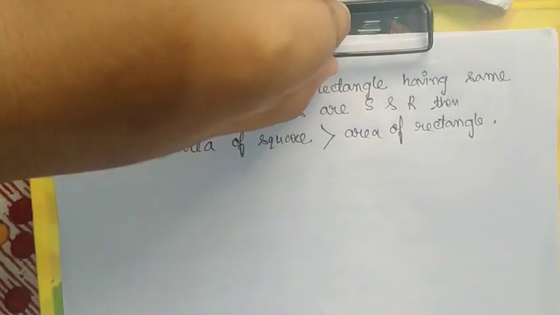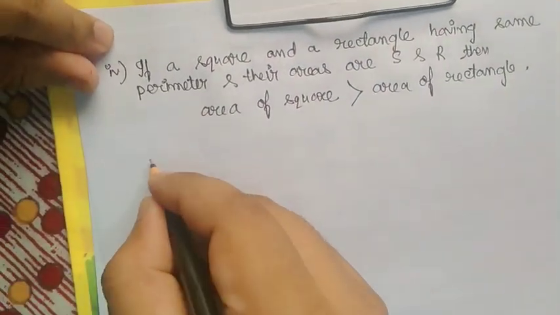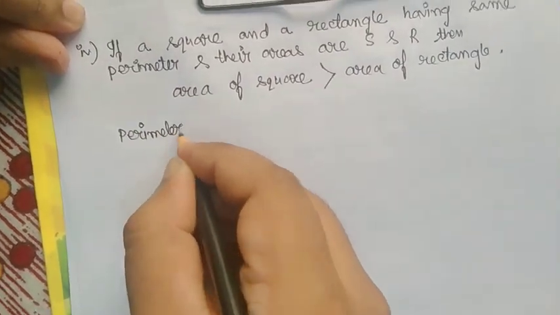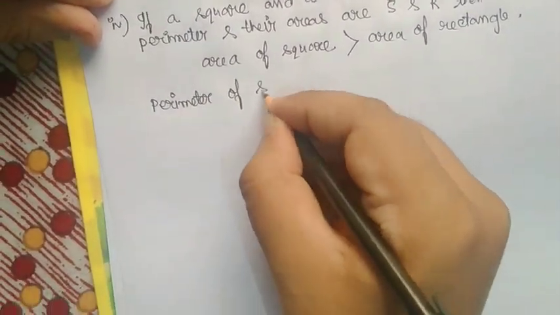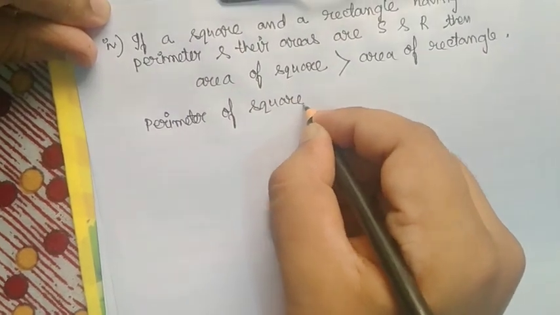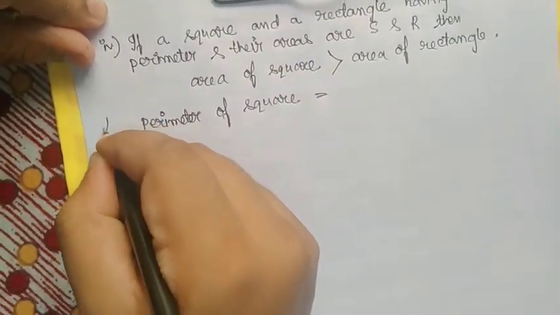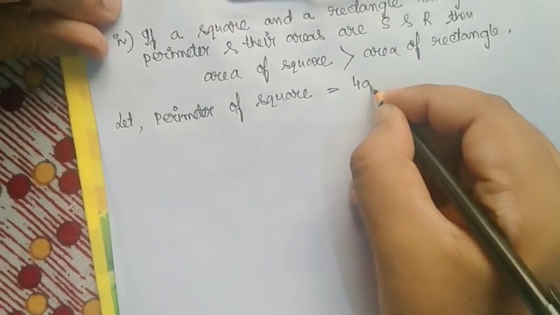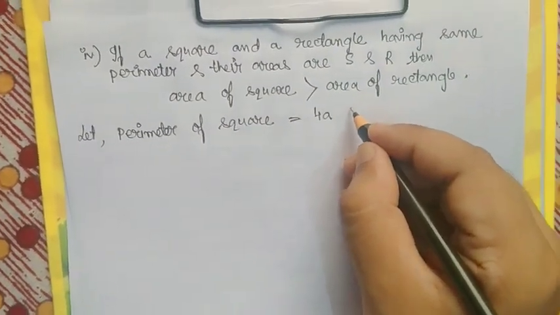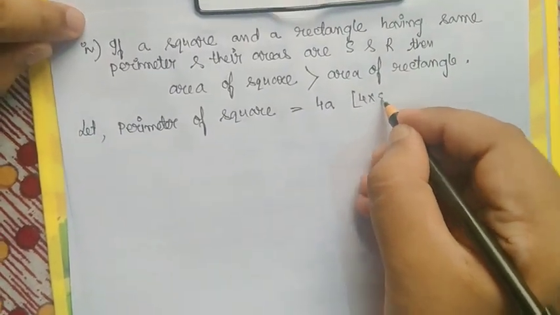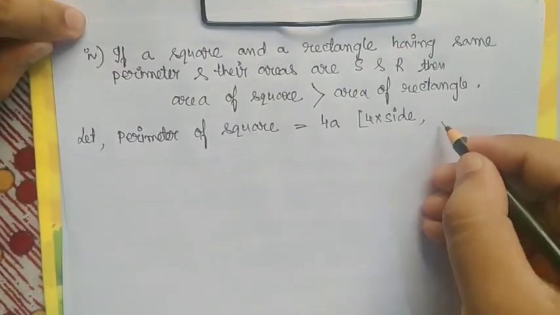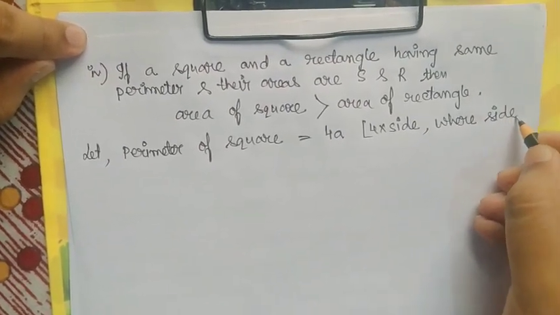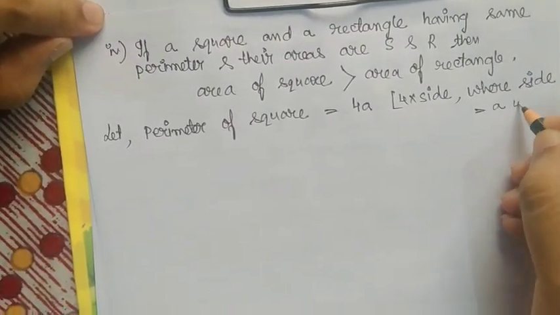So let the perimeter of square equal to 4a. We know that 4 into side, where side equal to a, we assume that a unit.